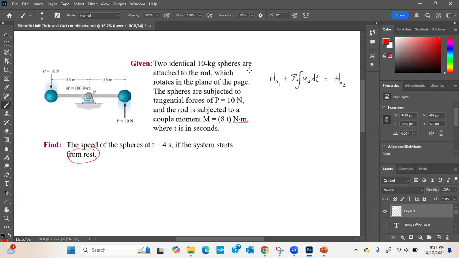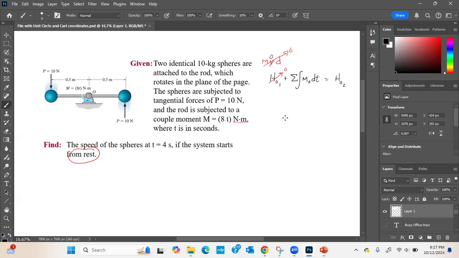Since it starts from rest and our angular momentum is mass times velocity times distance, we've got mv times d, and we know that v is 0 when it starts from rest, so mass times 0 times d will be 0. So our initial angular momentum is 0.